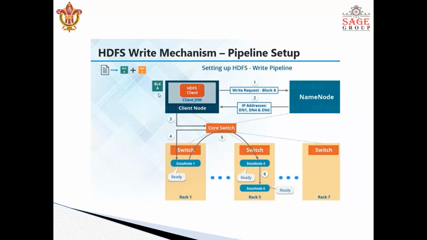So data node 1 goes to data node 4, and data node 4 goes to data node 6.